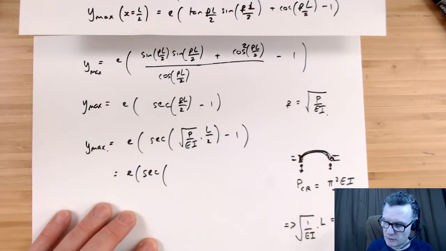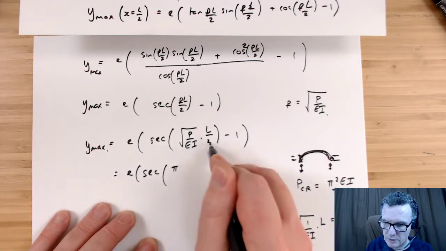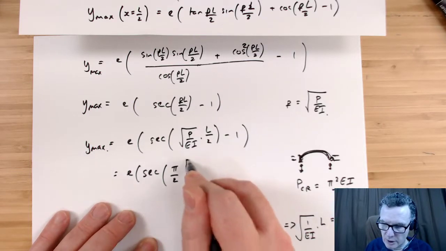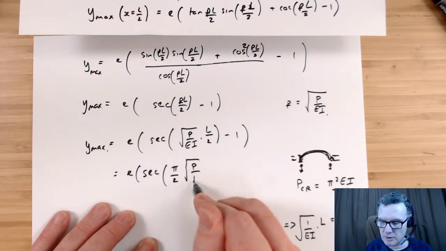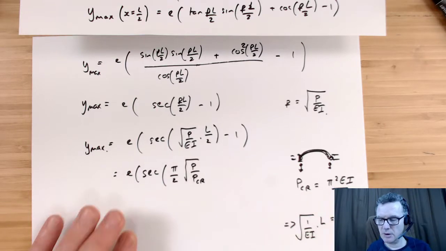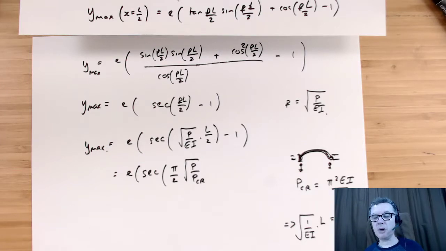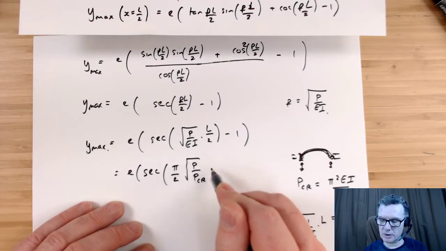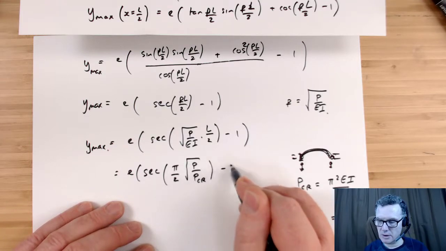So that leaves us with the pi, the 2, bring that out in front, and then we've got the applied force P divided by the critical force for buckling for the case where it's central loaded down the neutral axis, take away 1.